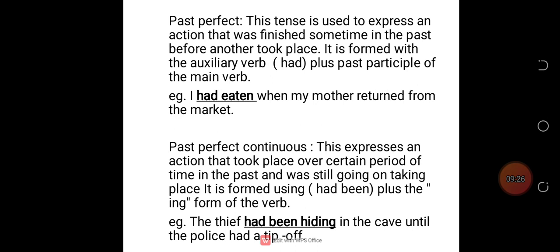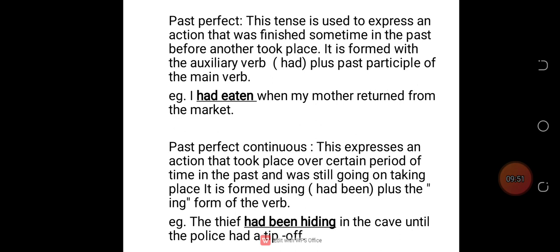Very good. We have the action being expressed to state that it took place over a certain period of time. The thief had been hiding there for some time. That action took place over a certain period of time in the past, but it was still going on, meaning when the police came, the thief was still there.